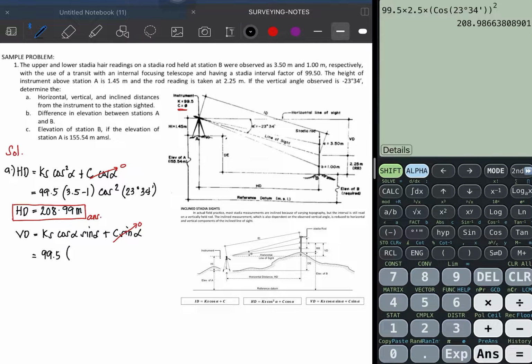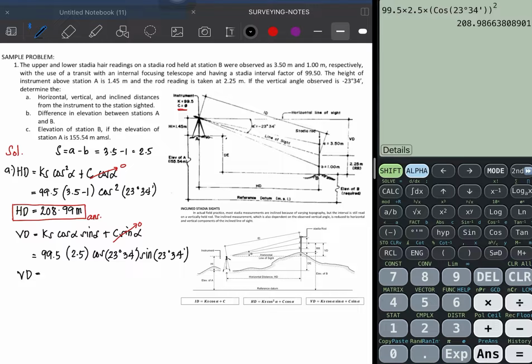You have 99.5 times S, so S is equal to A minus B. That is 3.5 minus 1, so that is 2.5, cosine of 23 degrees 34 minutes, then sine of 23 degrees 34 minutes.